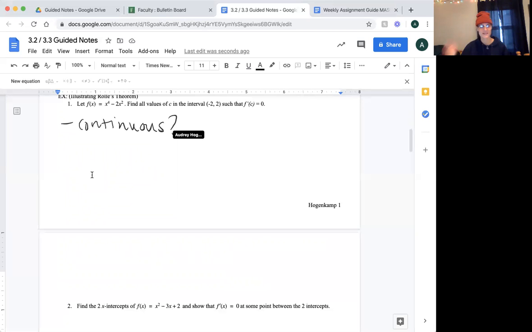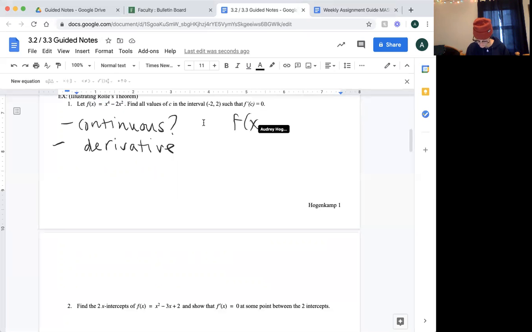This function is continuous because it is a polynomial. I should know this, but you can graph it in your calculator. It's continuous. Can you take the derivative? Check point 2.